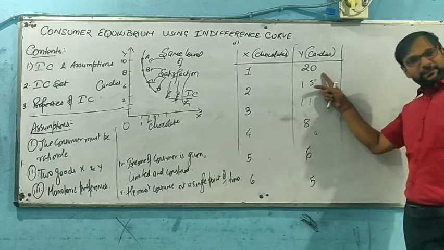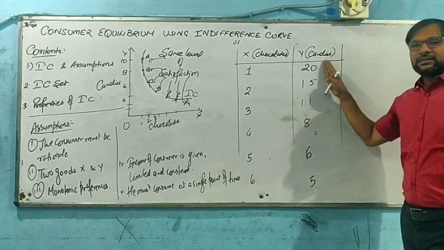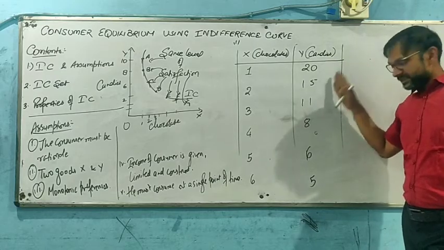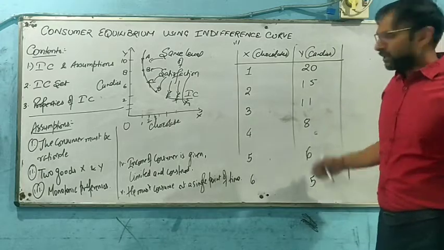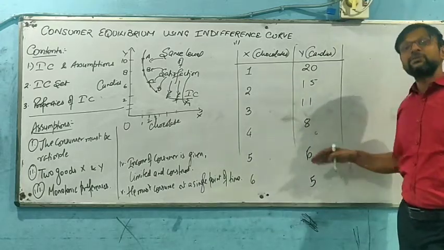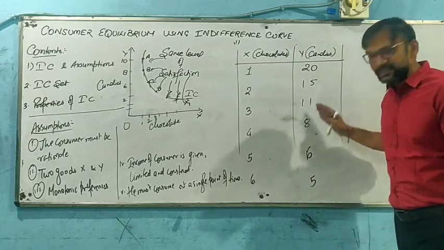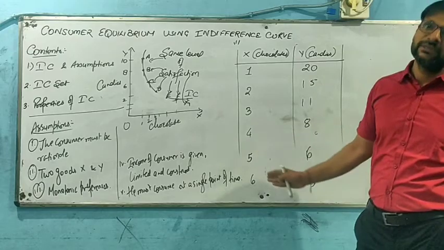At the beginning he sacrificed a higher unit of candy, but at once he realizes, I need to increase my utility for candies also. So at a later stage, he would like to sacrifice lesser and lesser units of candy for an additional unit of chocolate.